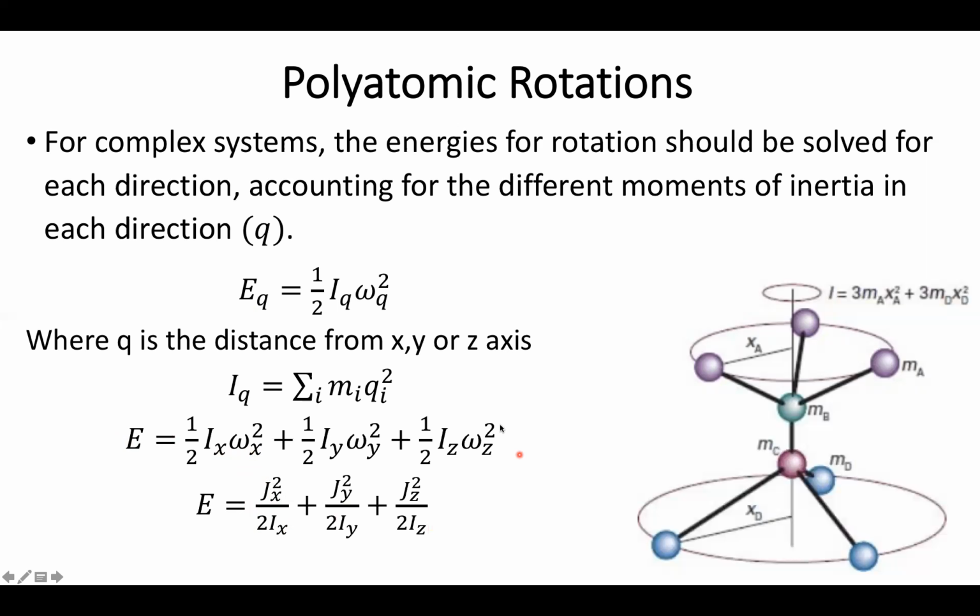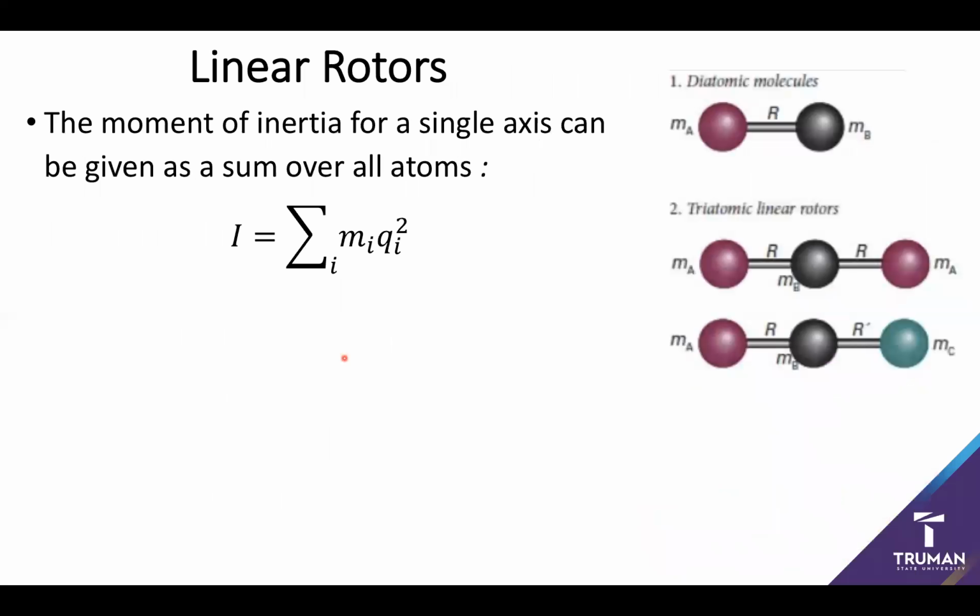We'll deal more with these parts of the expression next time. Today we're going to be exclusively focusing on this moment of inertia. One of the reasons why is that this is going to involve some tricky geometric math and physics.